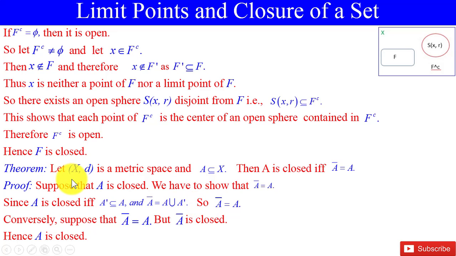Theorem: Let X be a metric space and A be contained in X, then A is closed if and only if closure of A is equal to A. Proof: Suppose that A is closed.